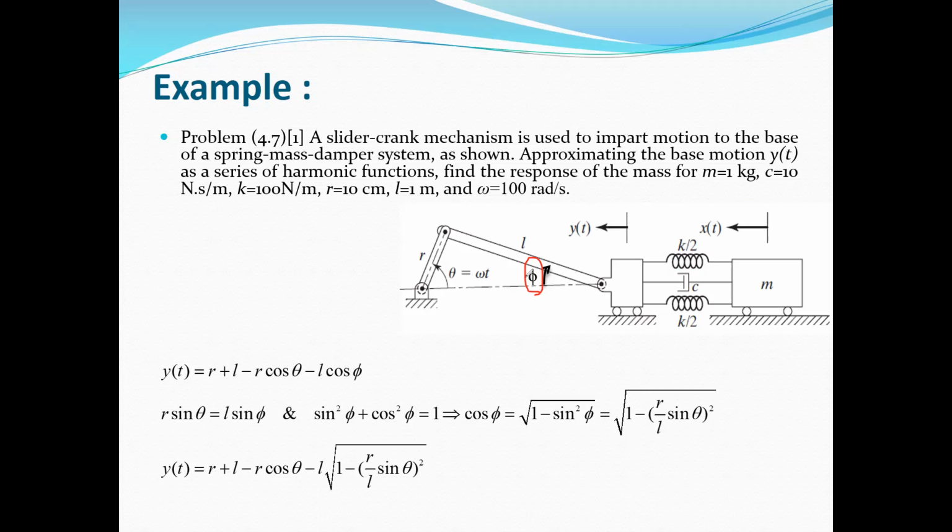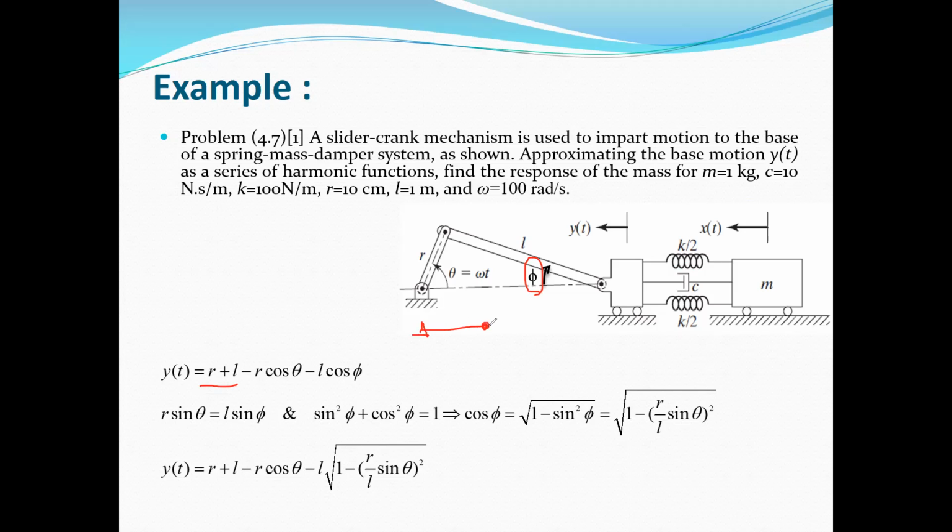Now we can write y(t) as a function of phi and theta, because if we assume that the origin point for y(t) is when this arm R and this arm L are in the horizontal condition, y(t) will be measured from this position, and we can find that y(t) is equal to R plus L, which is the initial length when both links are in horizontal condition.